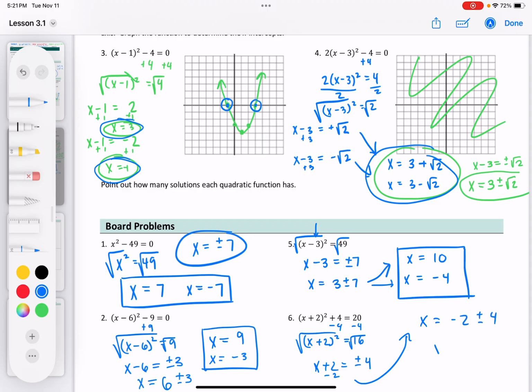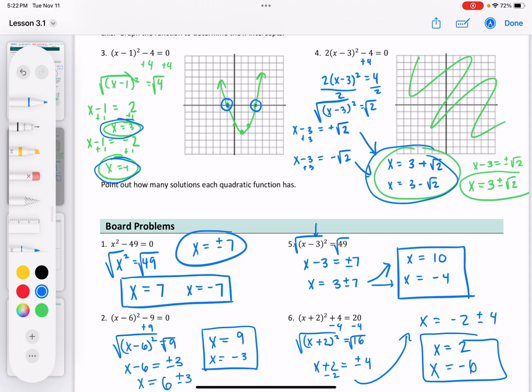Well, that's going to turn into our two answers. -2 plus 4 is going to give us a +2. -2 minus 4 is going to give us a -6. So our two answers are x equals 2 and x equals -6.